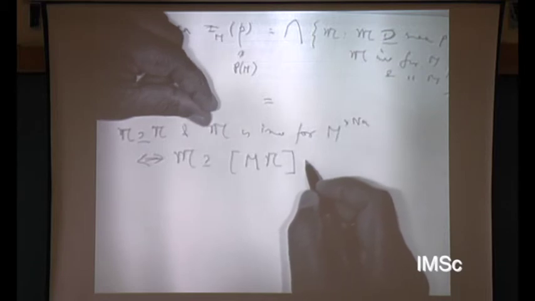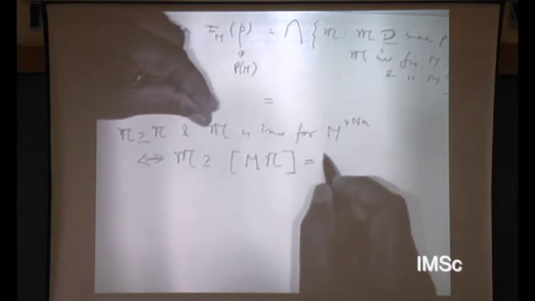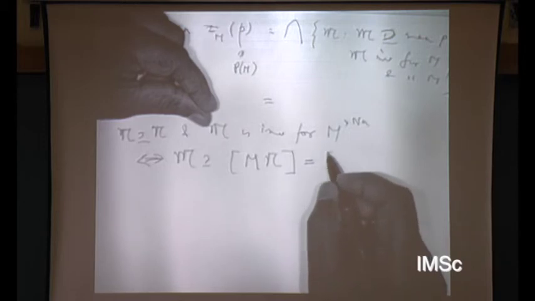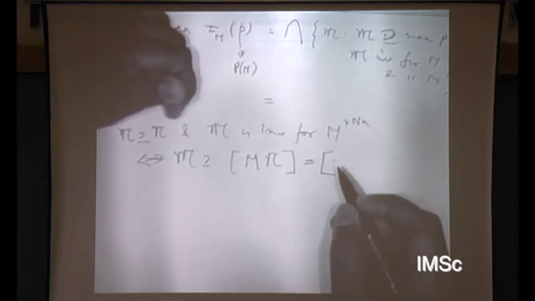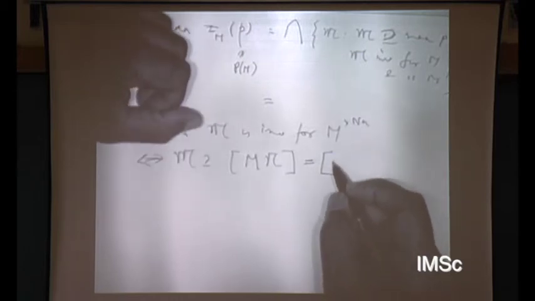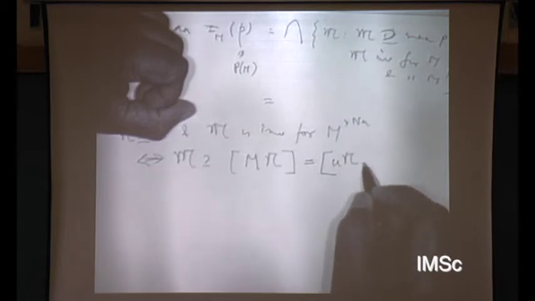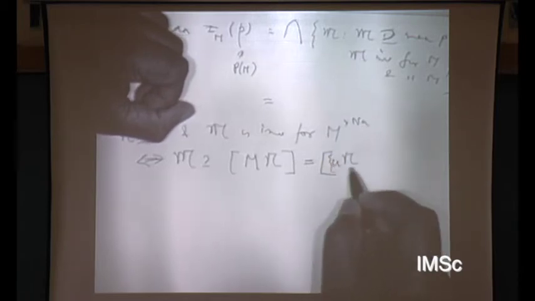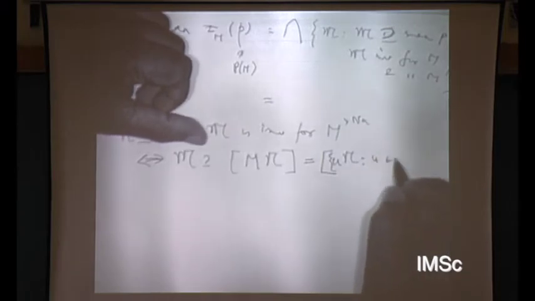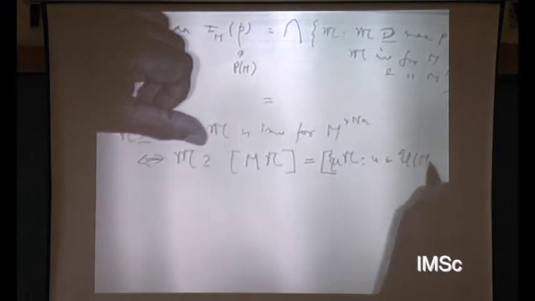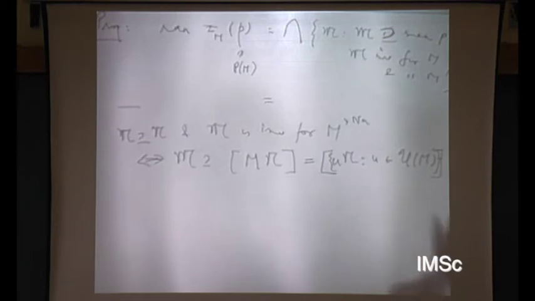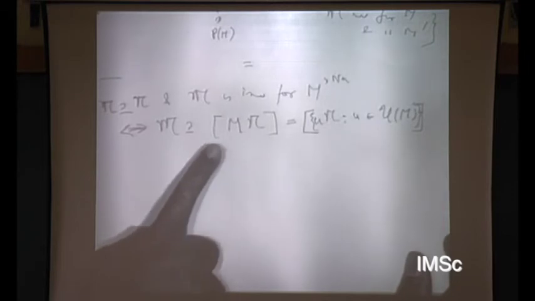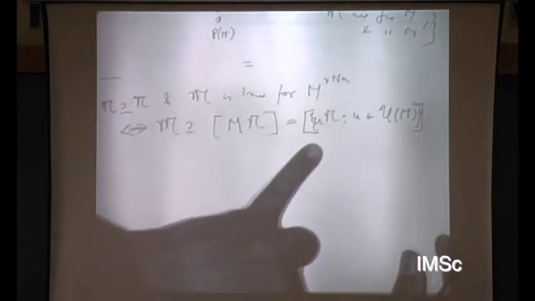So this I want to say is equal to, because I know that M is going to be linearly spanned by its unitaries.